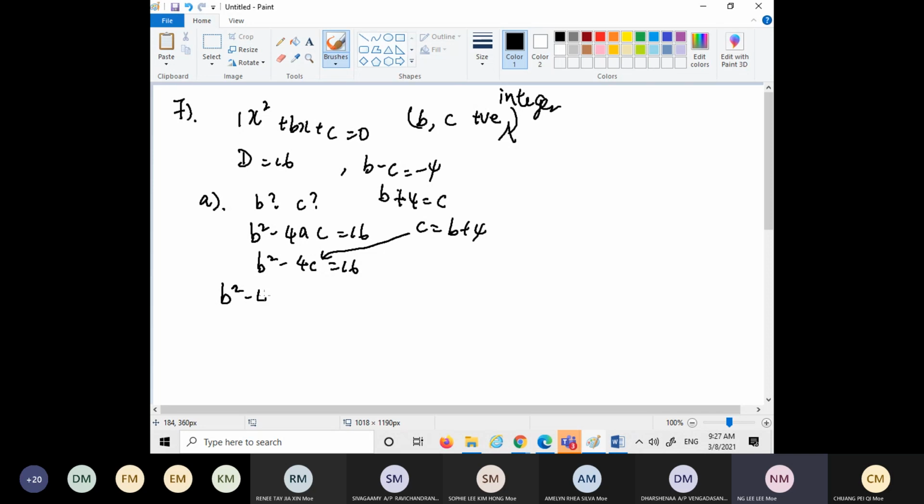b squared minus 4 times (b plus 4). Now no more c. Then I can solve. Expand. The 16 bring to this side, minus 16.